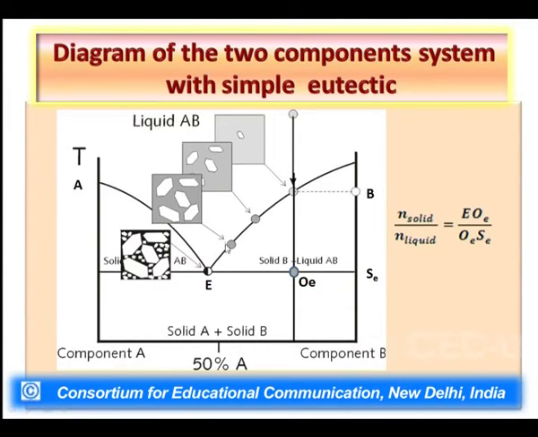When you further decrease the proportion of component B such that it reaches point E, this point E represents the composition of the liquid mixture which is called the eutectic mixture.